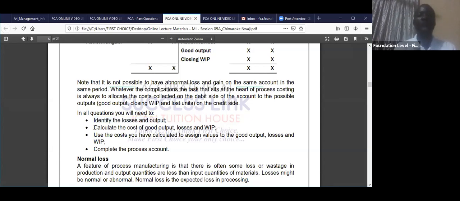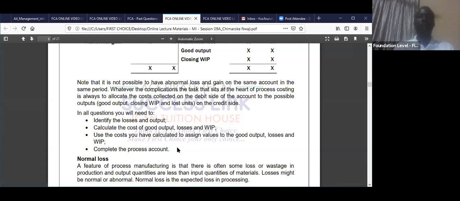You have to calculate the cost of good output, so that's the value, and the value of the losses and the work in progress. Now use the costs you have calculated to assign values to the good output, losses, and work in progress, and you complete the process account.